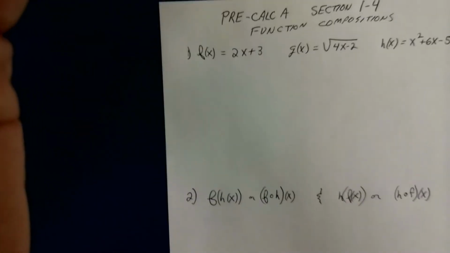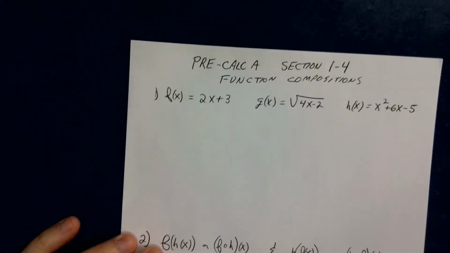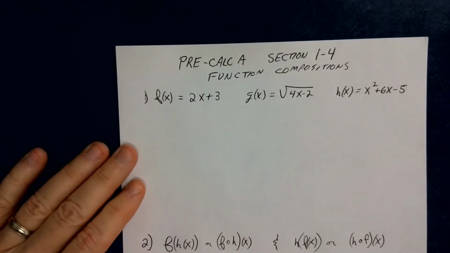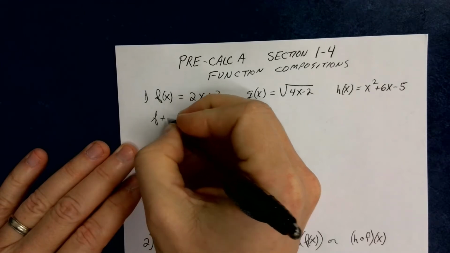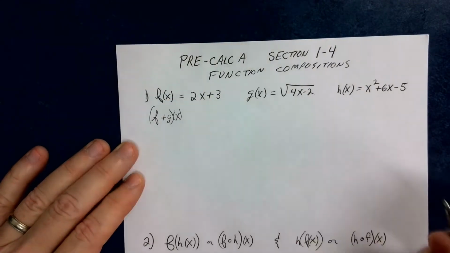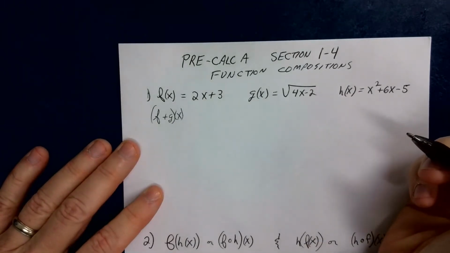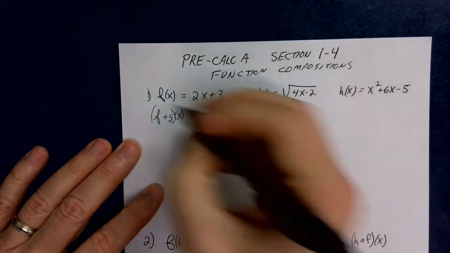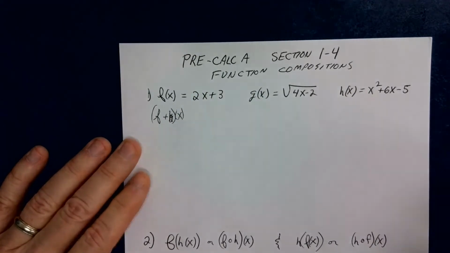We're going to start off with these three up here at the top. So three functions, f of x, g of x, and h of x. And some basic things. We'd have stuff that might look like this, f plus g of x, which means we're adding those functions. Let me stay with this, f plus h of x, and add those functions.